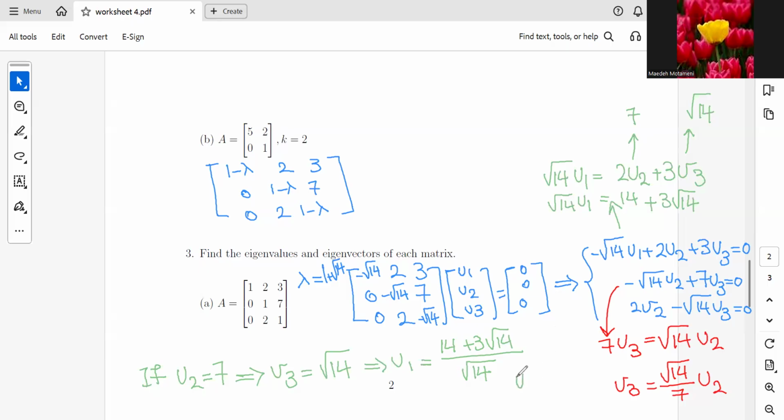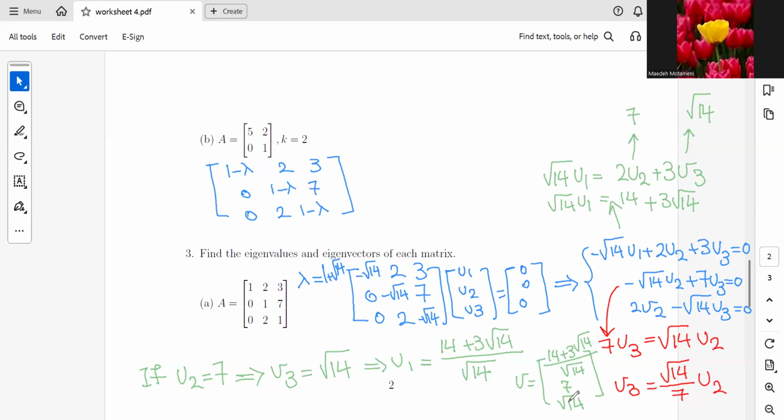So from here, v can be written as 14 plus 3 square root of 14 over square root of 14, and the next one 7, and the next one square root of 14.